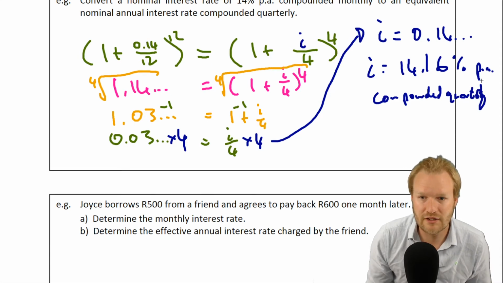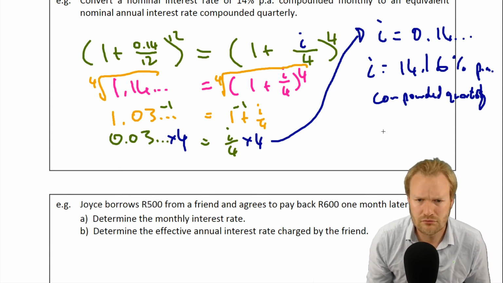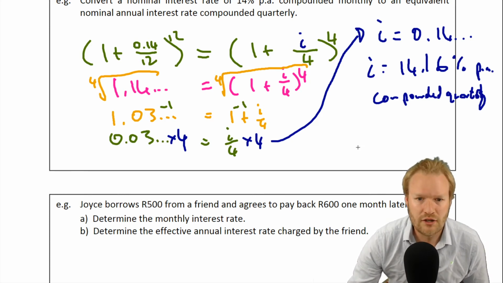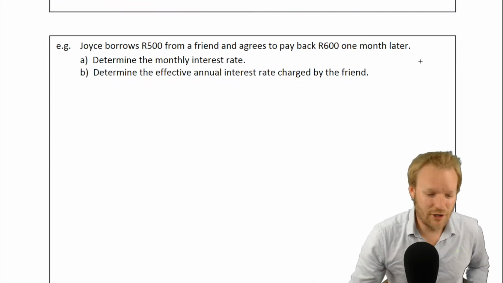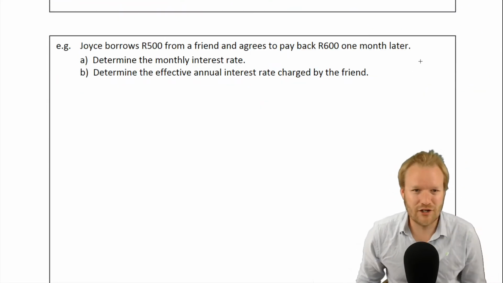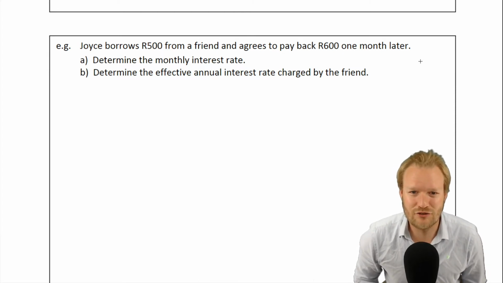So what we've done is we've found that if you got 14% compounded monthly, that would be the same as getting 14.16% compounded quarterly.